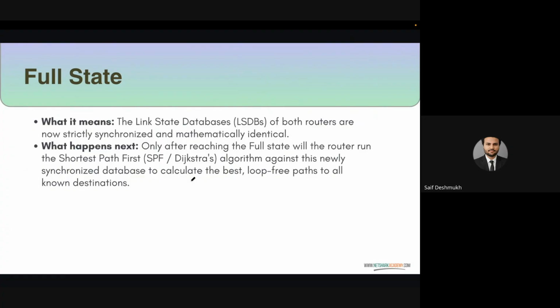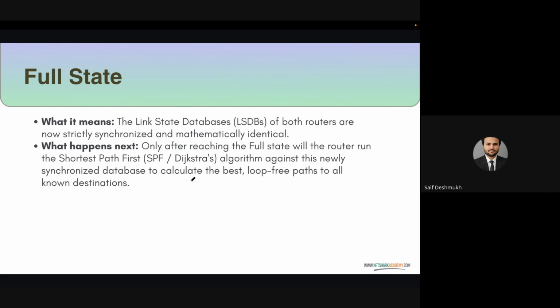Lastly, we have the Full state. What is the meaning of Full state? It means both parties don't have any information to exchange, and both sides' databases are so much in sync that there is no slight change apart from the age or some computation inputs. Pretty much everything is synchronized.